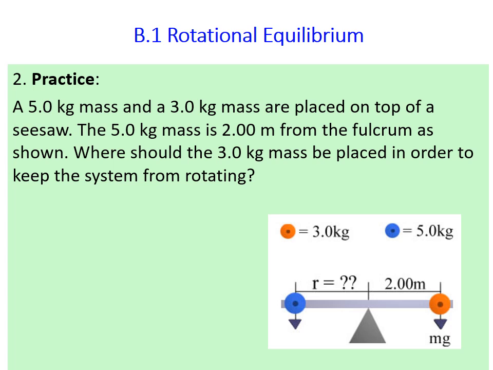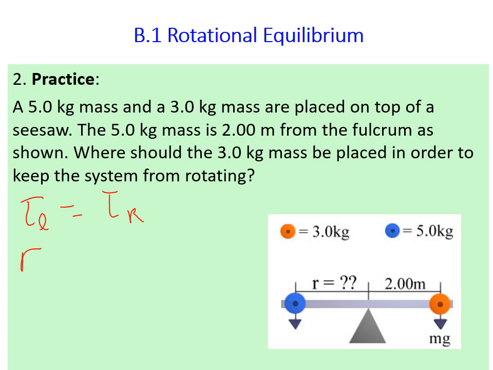To keep the system from rotating, the torque on the left, or the 3 kilogram torque, needs to equal the torque on the right. When that happens, the system is in rotational equilibrium. So we will say that torque is R cross F for the left side.